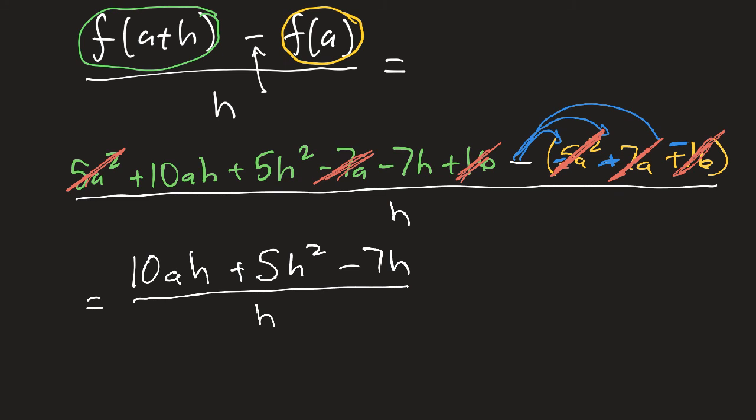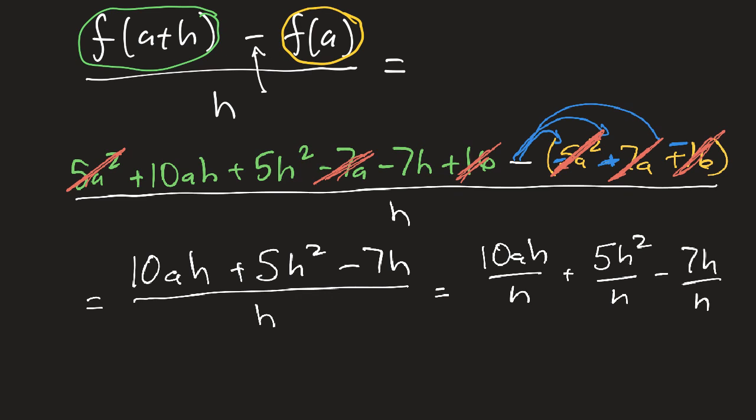And then what we usually do to simplify this further is we divide all the terms by h because there's an h in the denominator. So that would be 10ah divided by h, I'm just separating the fraction, plus 5h squared over h minus 7h over h. And we can do some more canceling and simplifying, right?